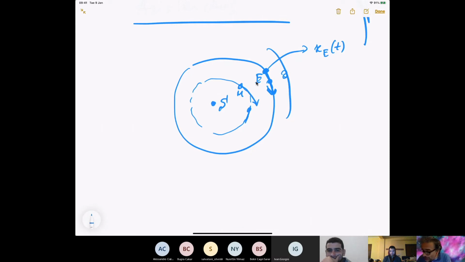So the apparent motion of Mercury, as seen by an observer on the Earth, is the effect of the motion of the Earth around the sun, the motion of Mercury around the sun, and the rotation of the Earth around its axis.